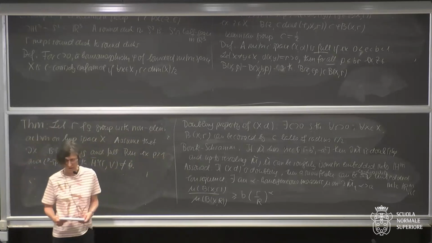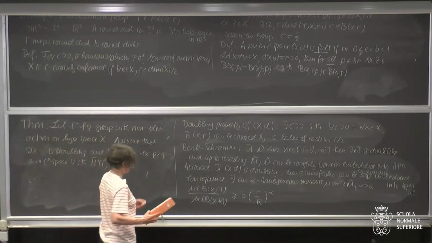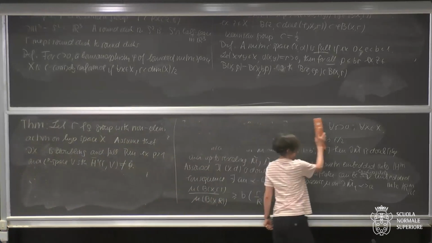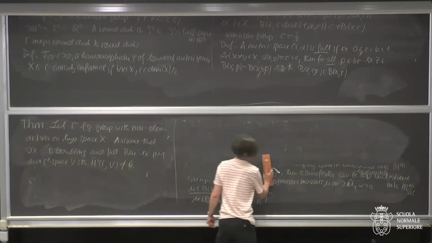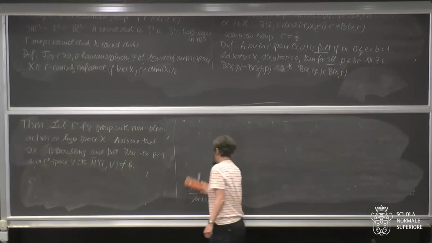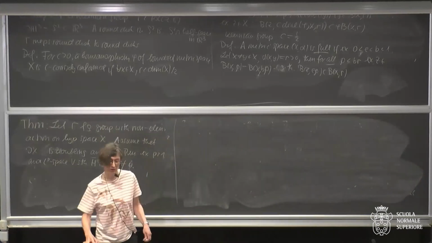So fullness, let me give you an example. So fullness is hard to control. Even for Hadamard manifolds, I actually don't know how to prove fullness, although the theorem applies to a group acting on Hadamard manifolds in a non-elementary way. But here's the point. So the fullness is a bit formal.